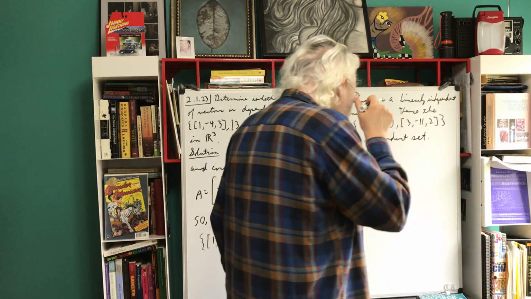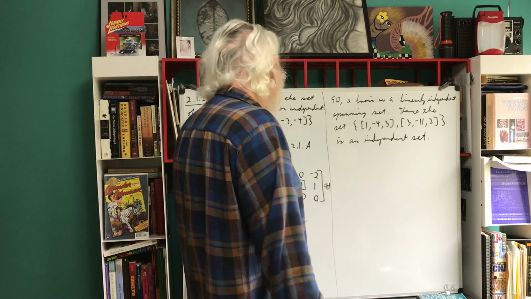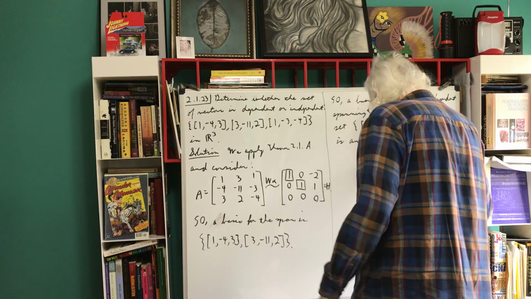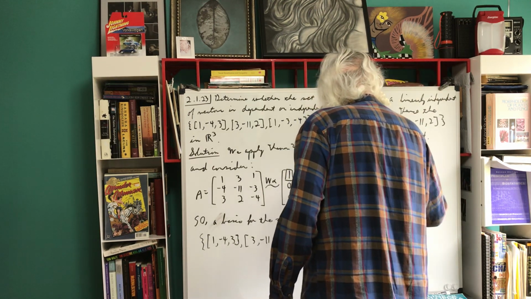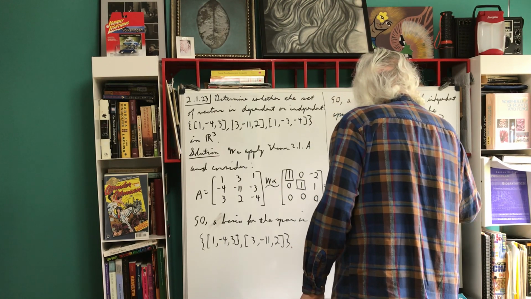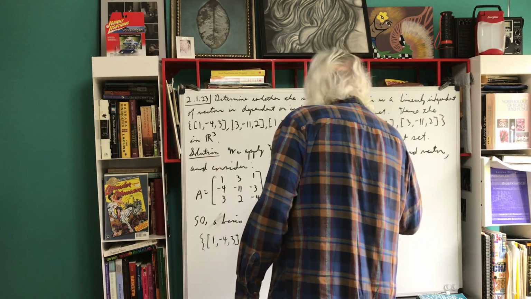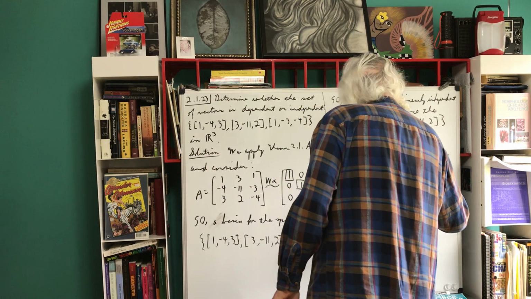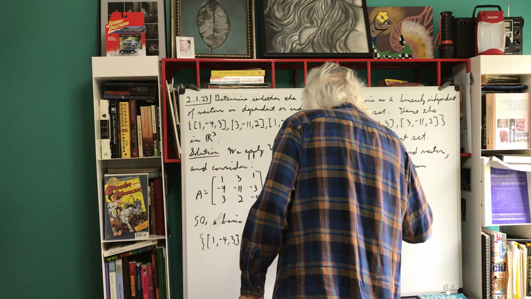So it must be the case that the third vector is a linear combination of the first two. We don't need the third vector as an element of a spanning set. This is a basis, so this is a spanning set. So that is the third vector, let's see, vector 1, negative 3, negative 4, is a linear combination of the first two.